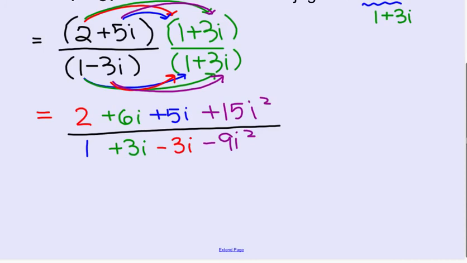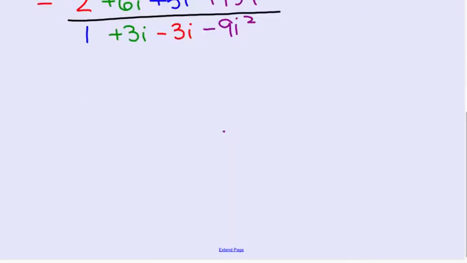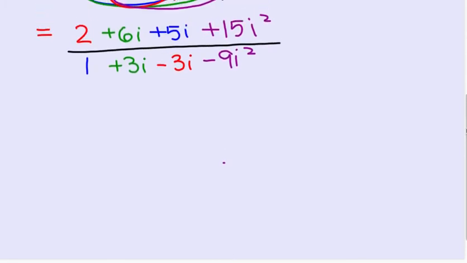Now let's do some simplifying. 2 just stays as it is. These two are like terms, so they will become 11i. We have a 15i squared.